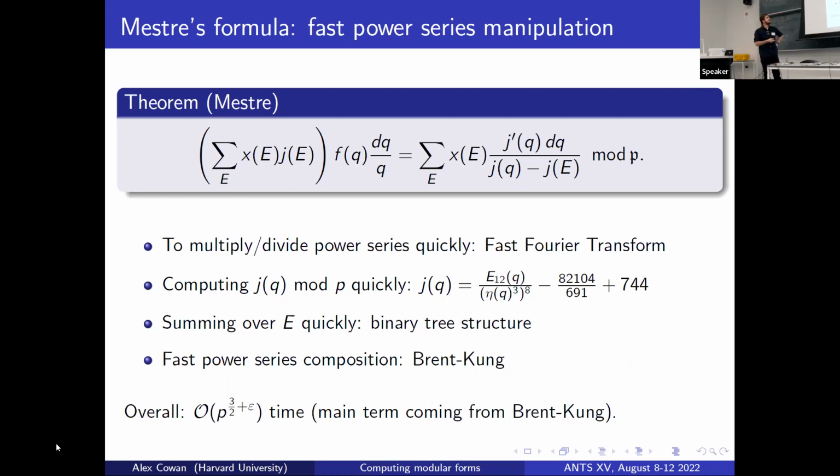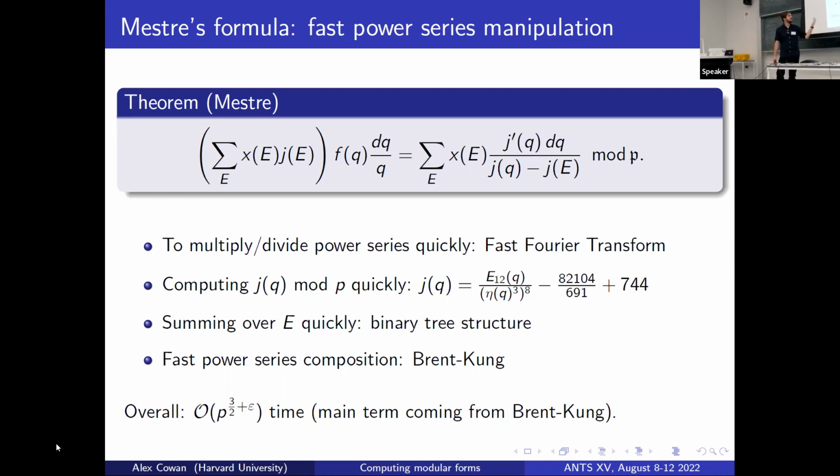And the second thing that we're going to need is the q-expansion of the modular J function mod p. And to do that, the way I chose was to take the weight 12 classical Eisenstein series and divide by the cube of the Dedekind eta function to the 8th power. You can divide by, say, the discriminant if you want, that's fine.